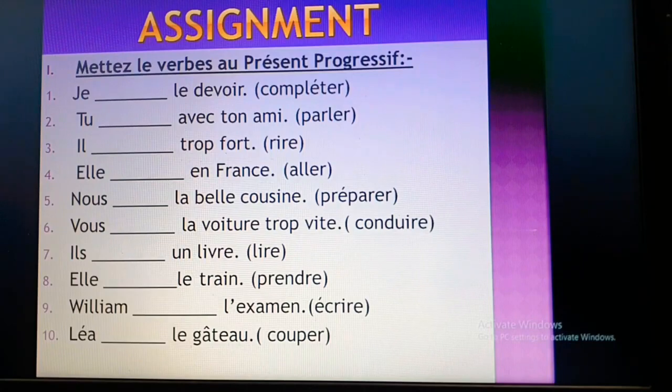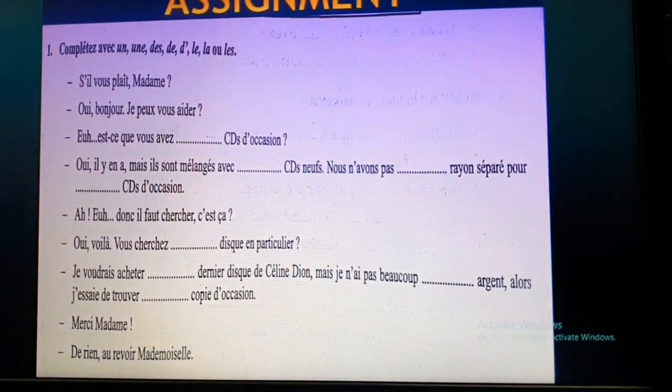So I have given you the assignments on the topic les articles. You have remembered the 4 articles, that is article contracté, article partitif, article indéfini and article défini.